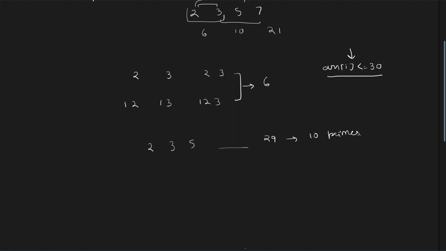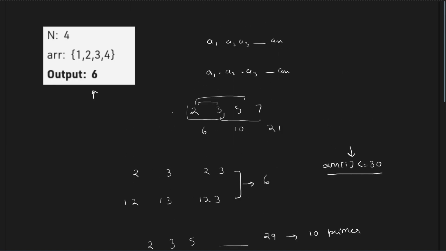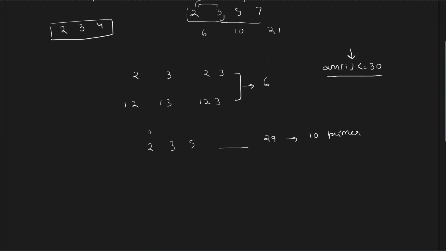First of all, we are going to discuss a case. Let's assume that 1 is not present in the array. We're just going to consider all the other values other than 1, and later I'll show you how we can use the 1 to improve our answer. So first let us just ignore 1 and say that we don't have the value 1 in our array.